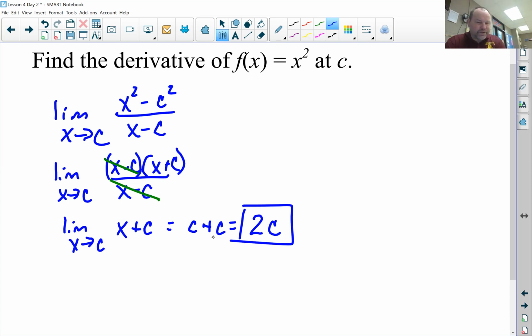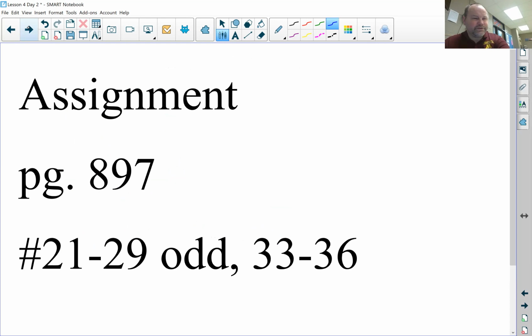So everyone should be able to access the graphing calculator. Your assignment: 21 to 29, the odds, and 33 to 36, all. I believe 33 through 36 are the ones that are going to ask you to use the graphing calculator to find the derivative. You can use any of the 3 ways that I showed with the graphing calculator.